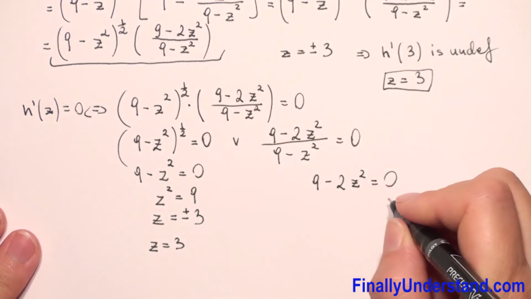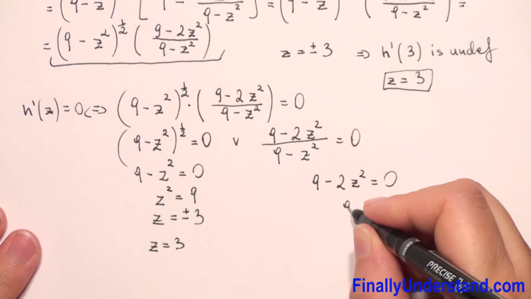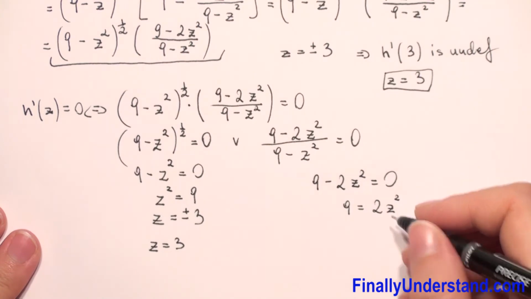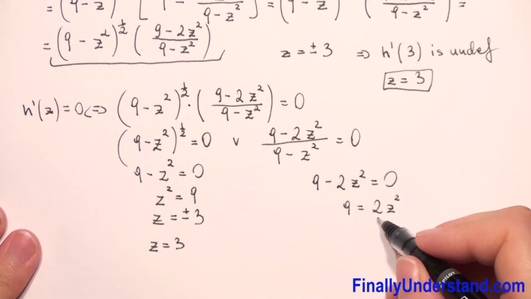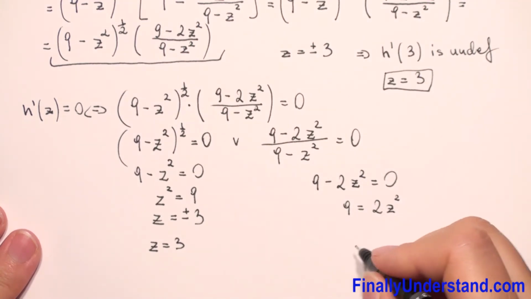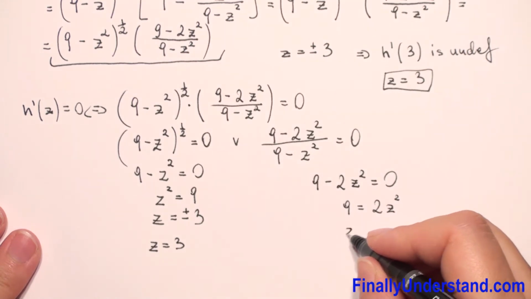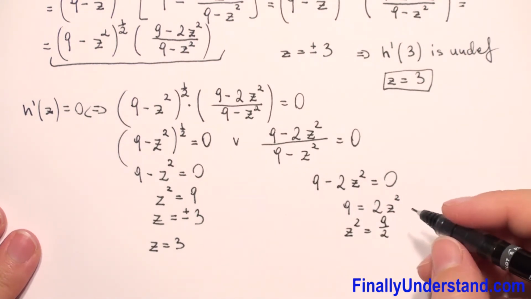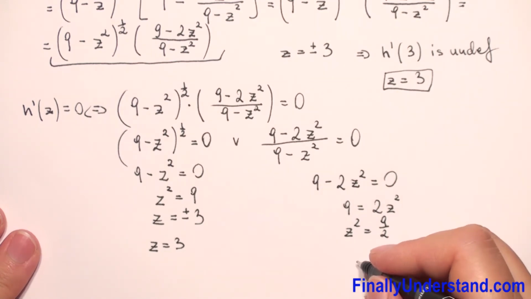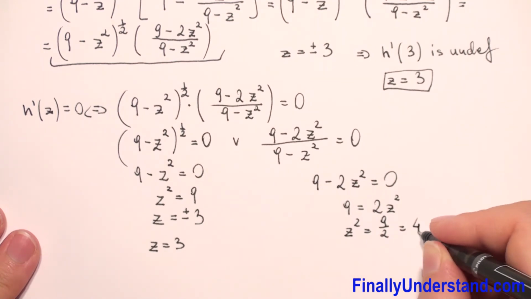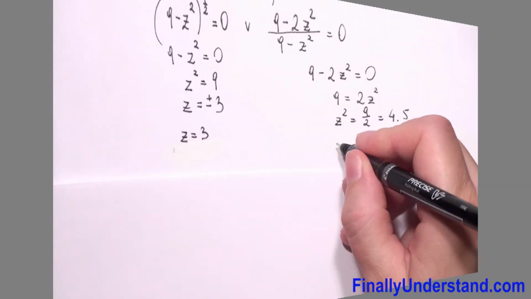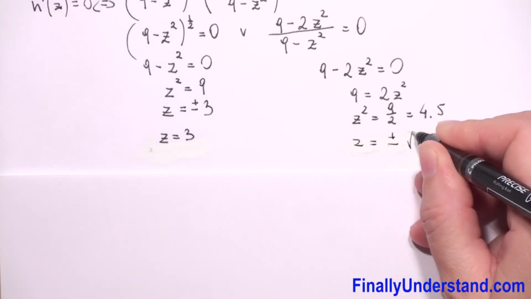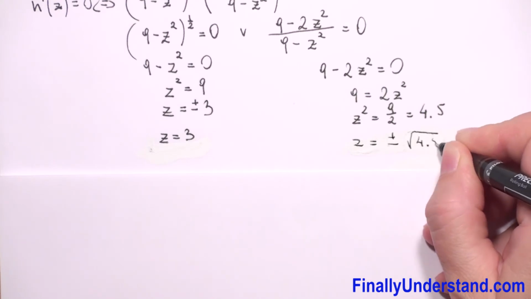I move -2z squared to the right side, so 9 is equal to 2z squared. I will divide both sides by 2, and change the sides, so z squared is equal to 9 over 2. So this is equal to 4.5. z is equal to plus or minus the square root of 4.5.